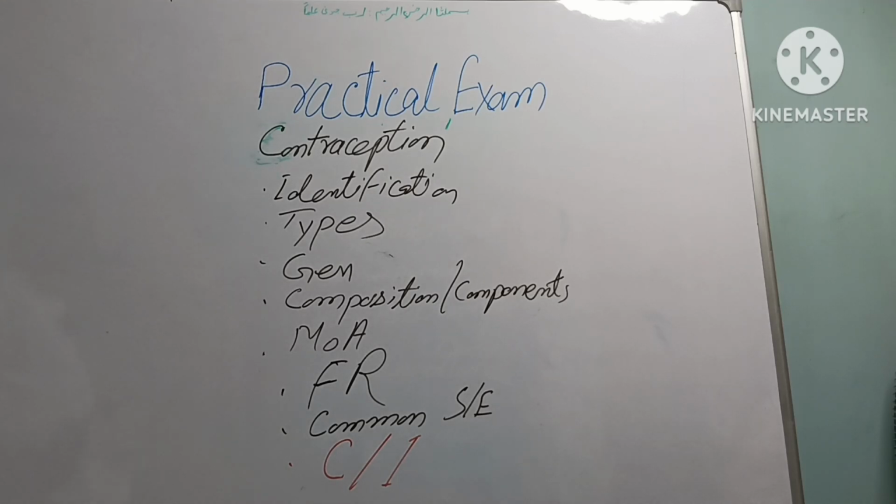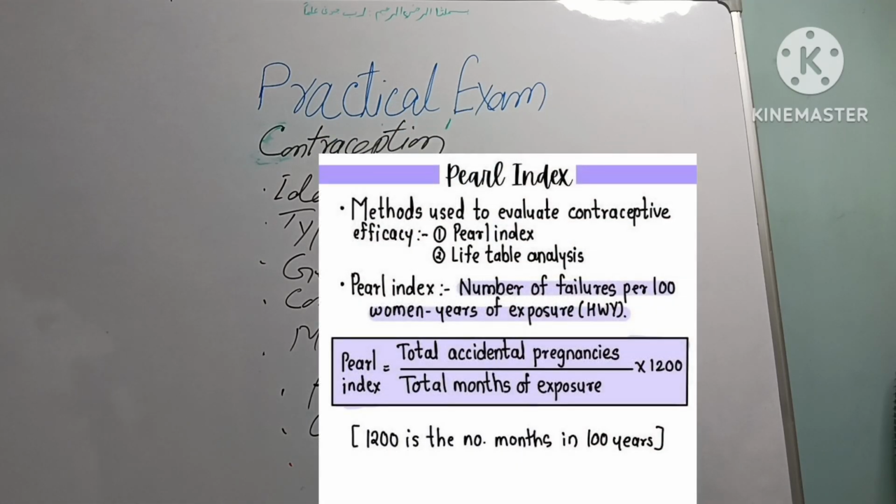Then again, what is the mechanism of action? Copper T has a different mechanism of action, and the hormonal contraceptive has a different mechanism of action. Then what is the failure rate? It is often asked, okay.